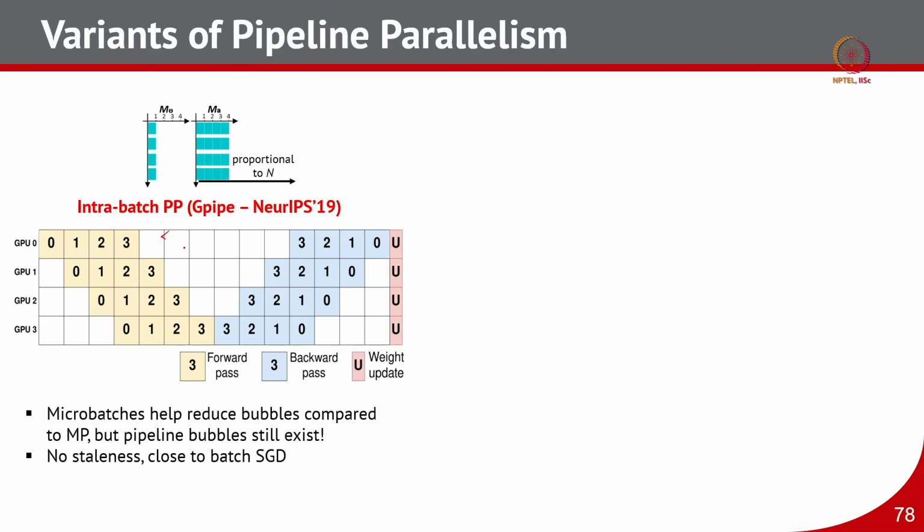These unutilized GPU cycles are called bubbles, which this pipeline parallelism reduces compared to model parallelism, but they still exist, they are not minimized. Another important aspect of GPipe is that there is no staleness. This is close to batch SGD, batch stochastic gradient descent or batch training. We perform the forward pass, then the backward pass, and then the weight update, so there is no staleness.